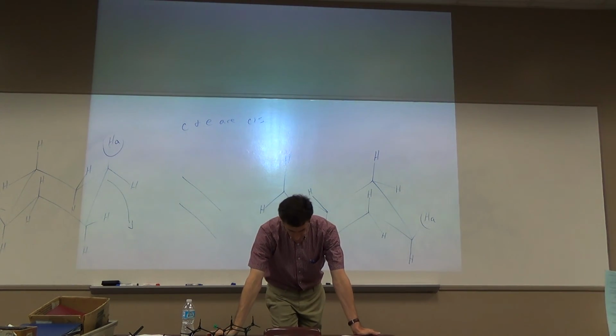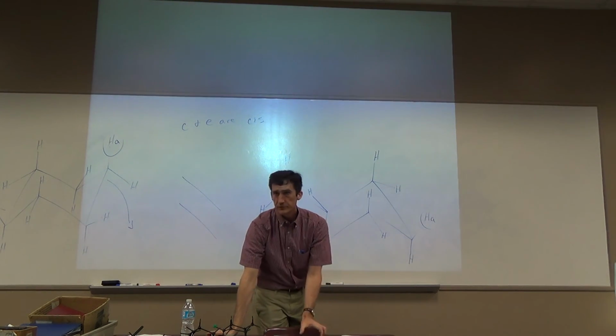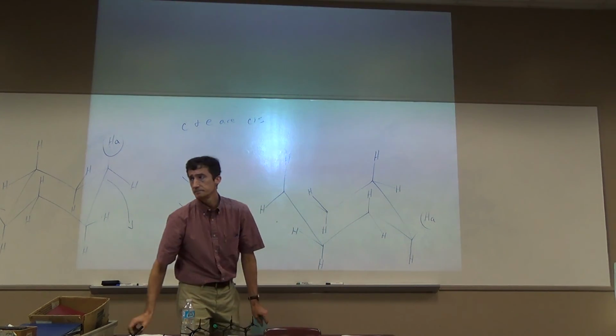Show the following lowest energy conformation. And this is where we could see this. How many groups are equatorial in the best conformation? Let's do the first one. First off, it's going to be a chair.